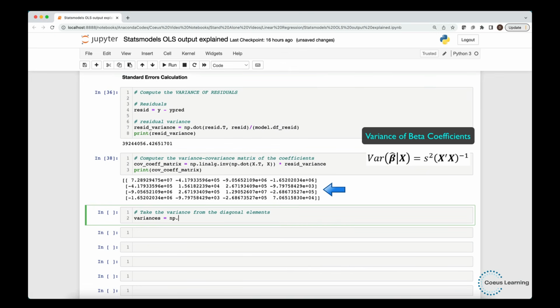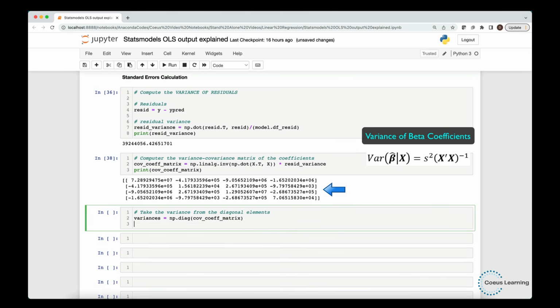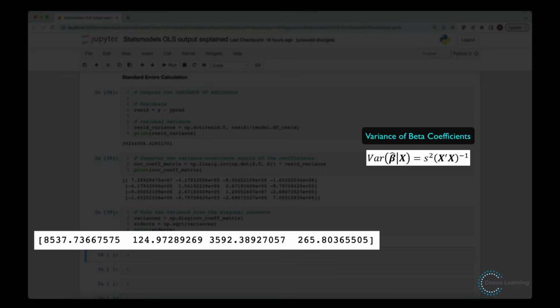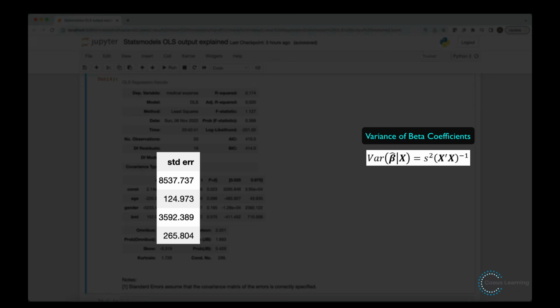From the variance-covariance matrix, we need only the variances. So, we consider the diagonal elements from the matrix. Finally, we compute the square root of the variance to get the standard errors of the coefficients. You can tally the standard errors that we have computed manually with the standard errors specified in the OLS output.